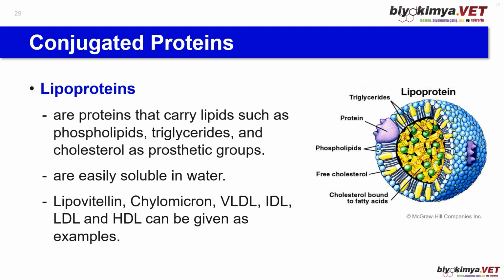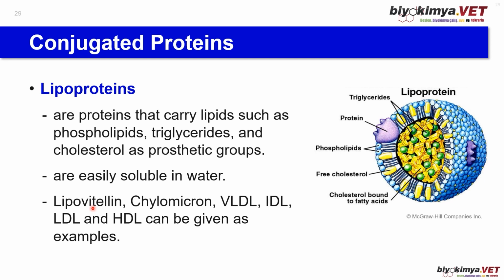An example here is lipovitellin, a phosphoglycolipoprotein complex. Look at the glycolipid, which also means a carbohydrate moiety. It is found in egg yolk, and it's a major protein component of the yolk and contributes to the emulsifying properties of egg yolk in food.